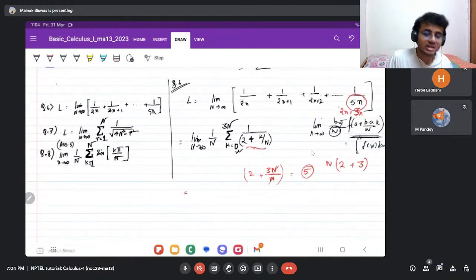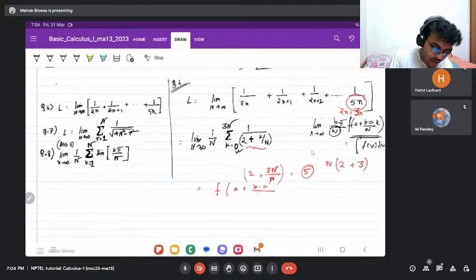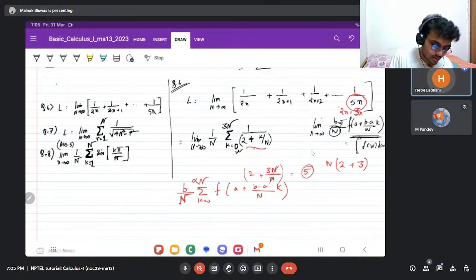Now tell me what will be this integral. So what will I take f of x to be first? Let us again compare. f of a plus (b minus a) by n into k, sum of k equal to 0 to, say, some n for the time being, 1 by n, say alpha n. Why am I putting alpha? A is equal to 2 and B is equal to 3.